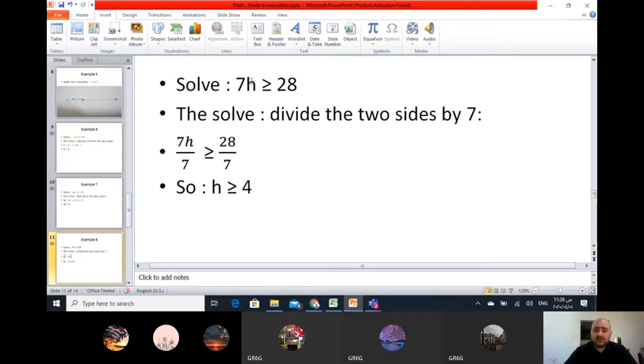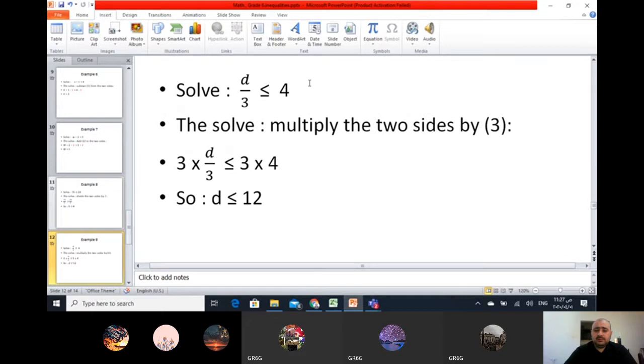So I can write 7h divided by 7 greater than or equal to 28 divided by 7. Now 7h divided by 7 will be 1h, meaning h, and 28 divided by 7 will be 4. So the solution now is h greater than or equal to 4.